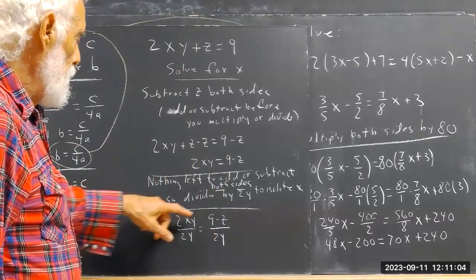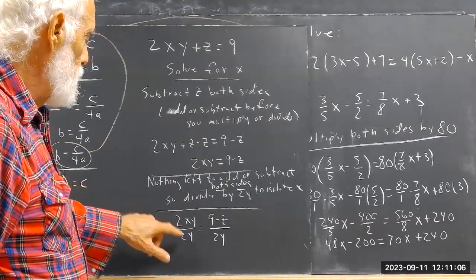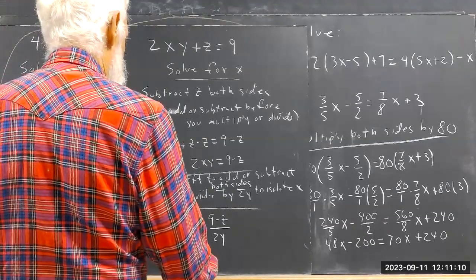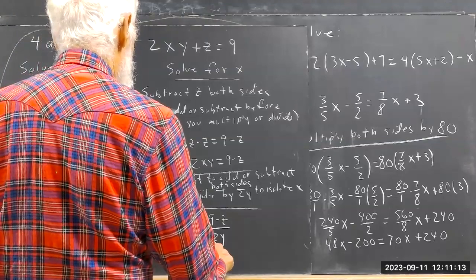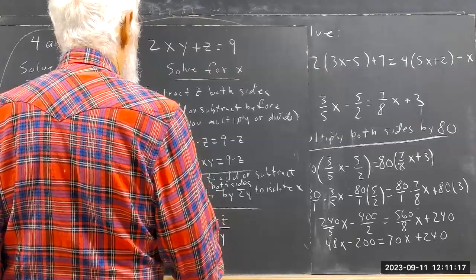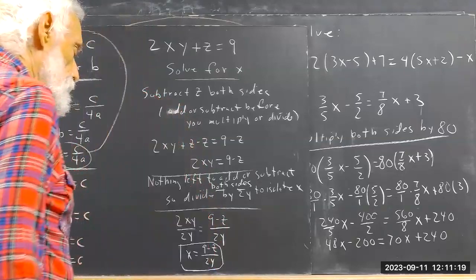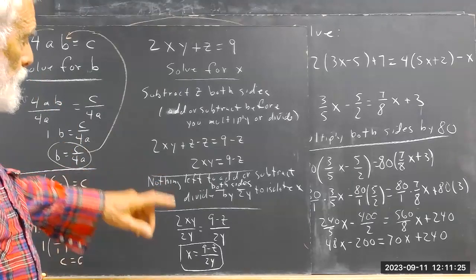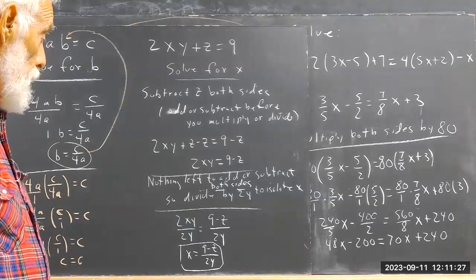Now, 2xy divided by 2y, the 2 divides the 2, the y divides the y, and I end up with x equals 9 minus z over 2y. Now, I'm not going to go through the check of that.